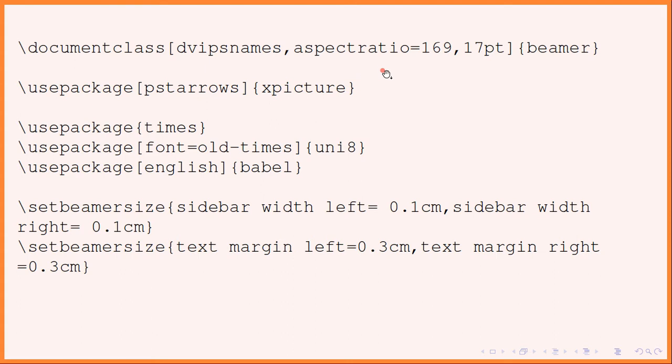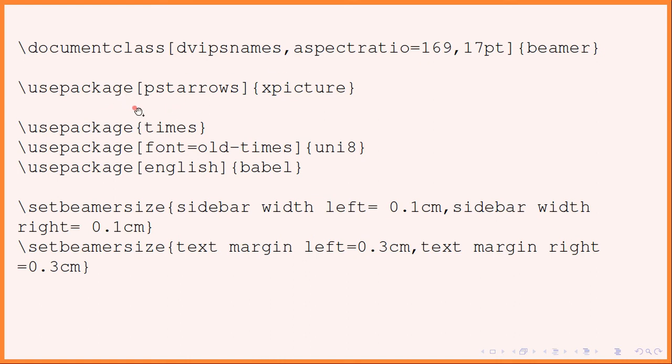Aspect ratio is 16:9. This is quite common these days. Our mobile screen, laptop screen and even desktop screens are following this particular ratio. And 17pt is for better readability of the screen.